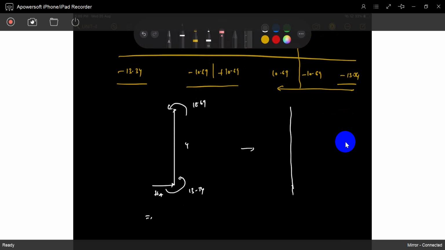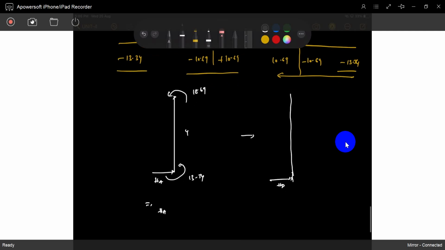No need to find out HD again, because similarly it will be the same. So what is that value? HA plus 13.34 plus 10.69, multiplied with 4, equals 0. What is HA? HA is 13.34 plus 10.69 divided by 4.